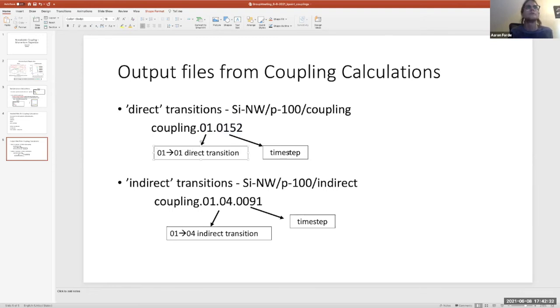And then the last digit corresponds to the time step or the structure that the calculation was done on. And then there are also indirect transitions, which represent a change in momentum.